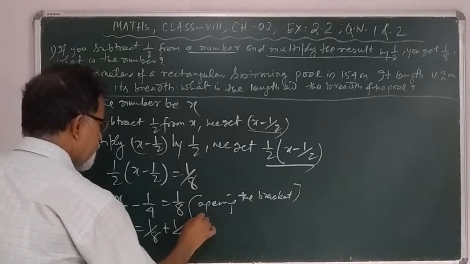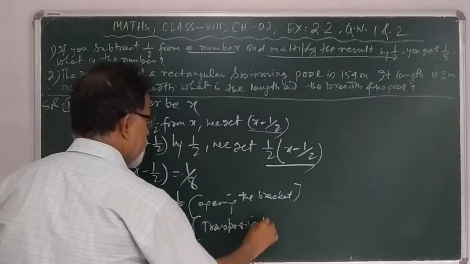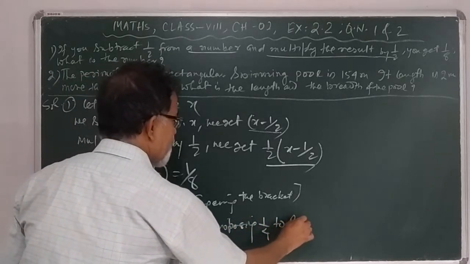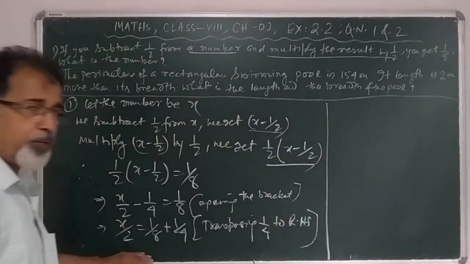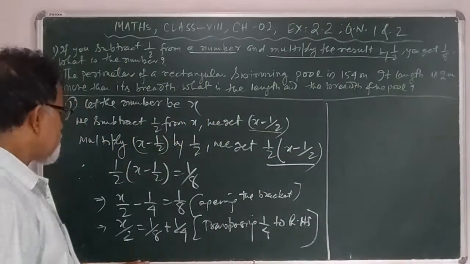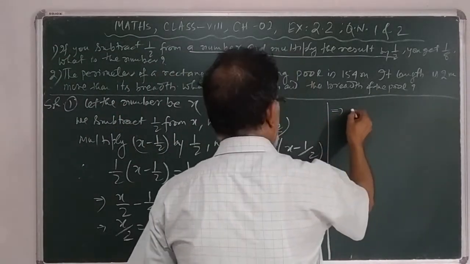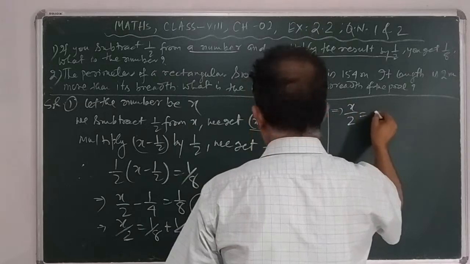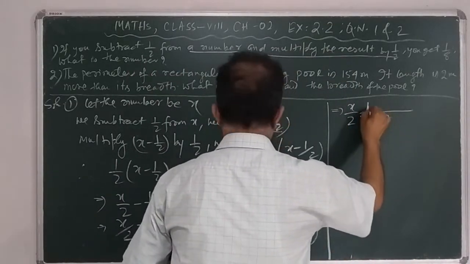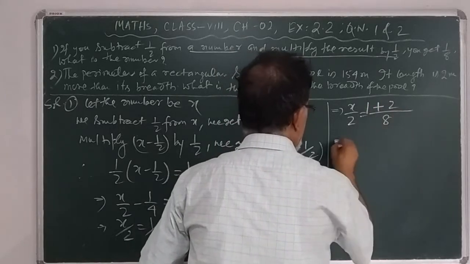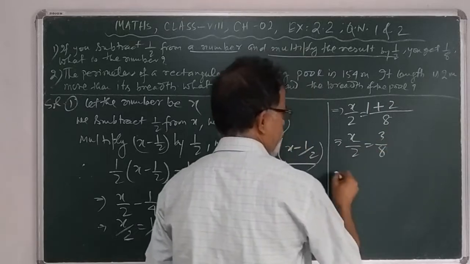You already know, transposing 1 by 4 to RHS. We will simplify the equation to the lowest form. Now x by 2 equal to LCM of 8 and 4 equal to 8. 1 plus 2. X by 2 equal to 3 by 8.